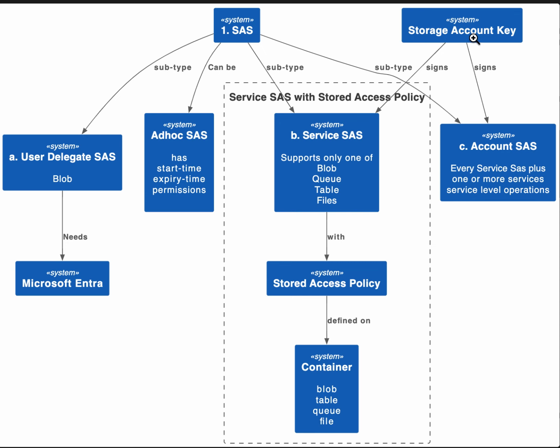What this means is you're going to share the storage account key with your client applications, which are going to use it to sign or generate the signature, which becomes your URI. The signature is the most important part of the token URL. So you are using the storage account key directly here.